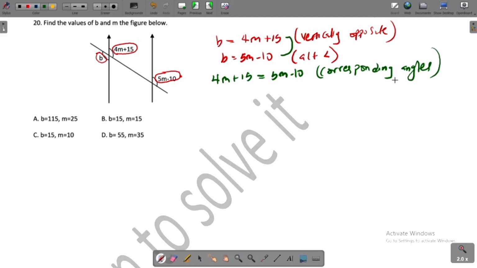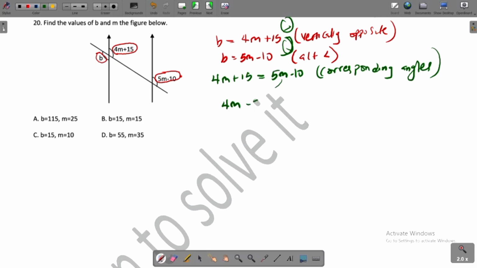So to get our B, we can use this. We have this already. We also have this already. But from this, let us get our m. We can just say 4m, taking this to this side and taking this to this side.